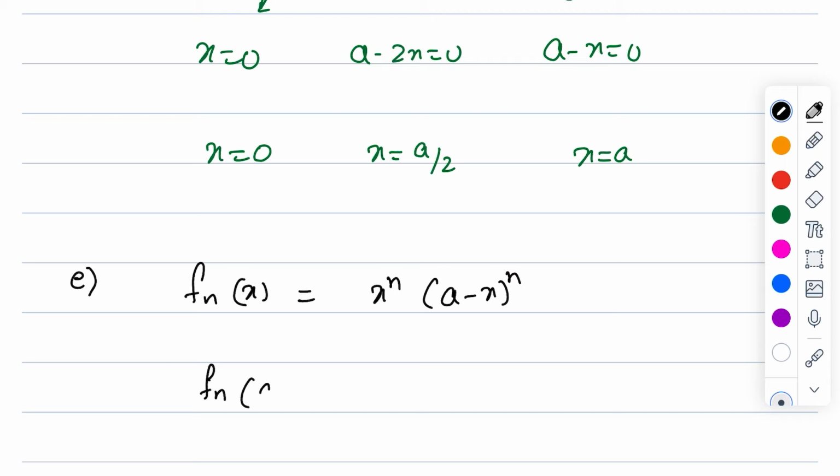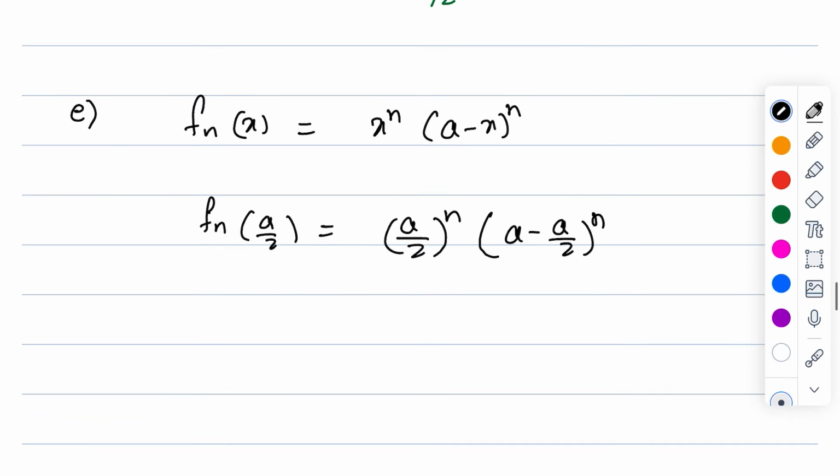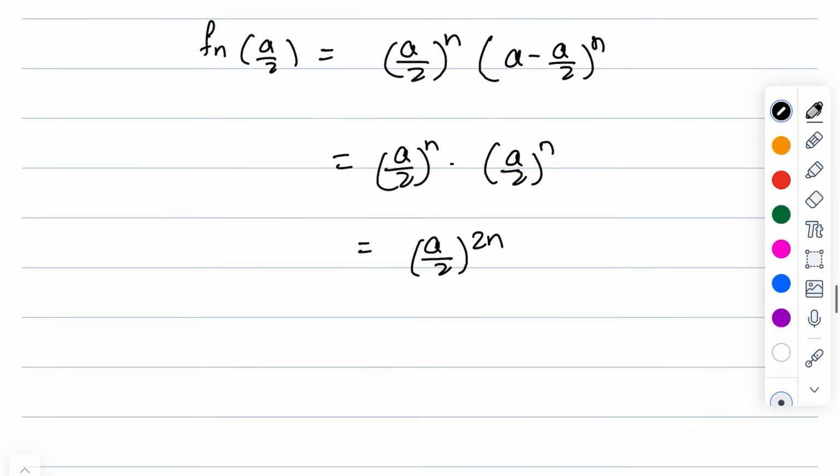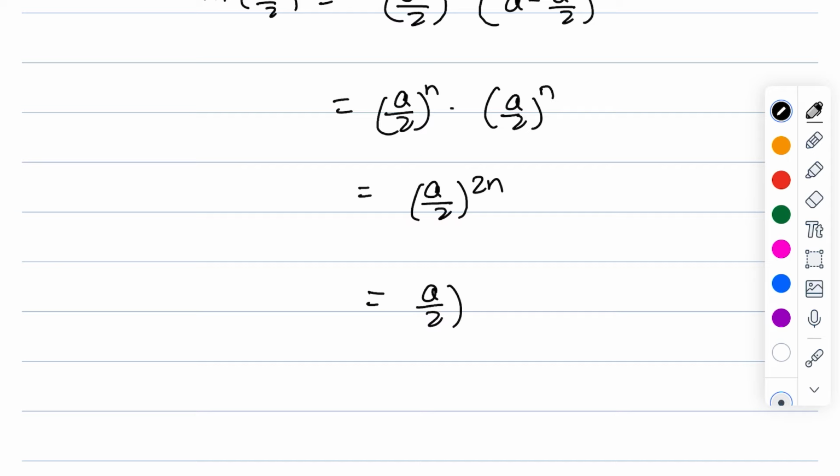So fn of a upon 2 equals (a upon 2) whole power n times (a minus a upon 2) whole power n, which is (a upon 2) whole power n times (a upon 2) whole power n. So which is (a upon 2) whole power 2n, which is nothing but ((a upon 2) whole power n) whole square, which is always a positive term, which is always greater than 0. So fn of a upon 2 is always greater than 0.